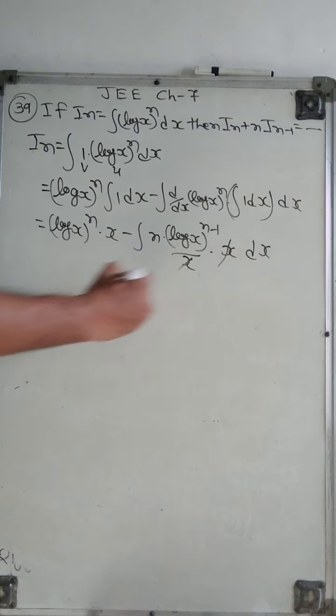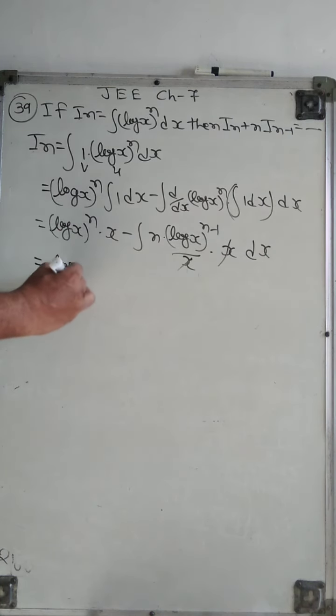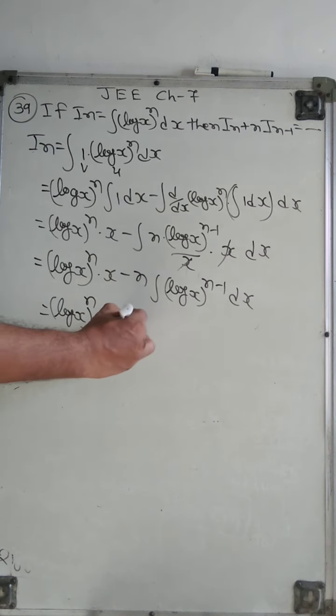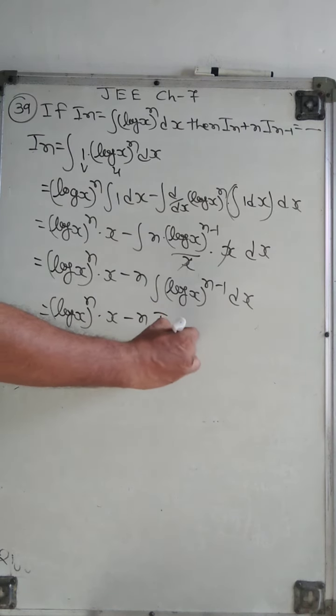Now these two are removed, so we have (log x) raised to n into x minus n integration (log x) raised to n minus 1 dx. So this is (log x) raised to n into x minus n I_(n minus 1), right?